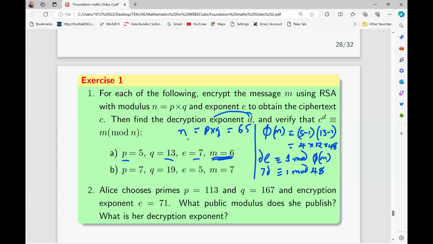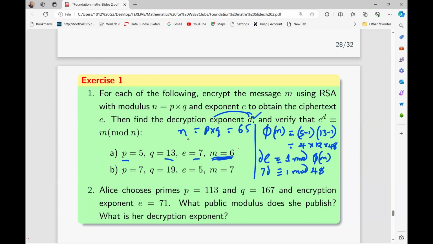So to find D here, you'll use either the extended Euclid's algorithm, or you'll use the Euler-Phi theorem. You find D. That is the first question.